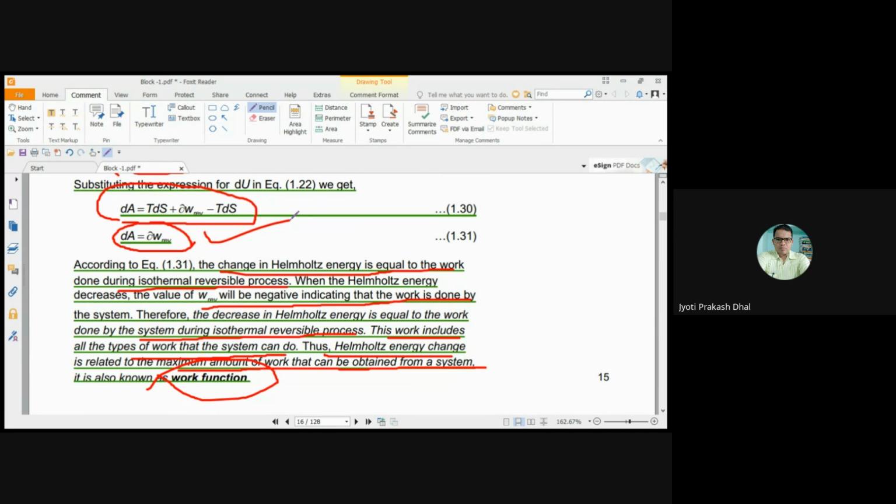That's why the Helmholtz energy is also called the work function, because the Helmholtz energy change is related to the maximum amount of work that can be done, and hence dA is called the work function.